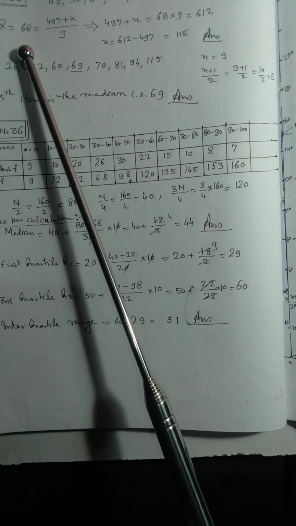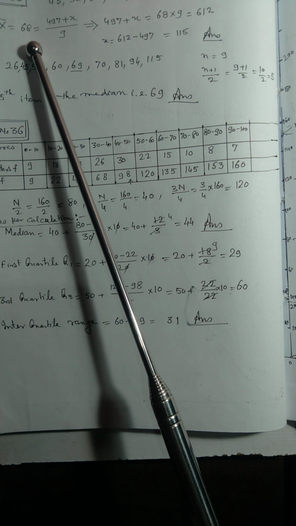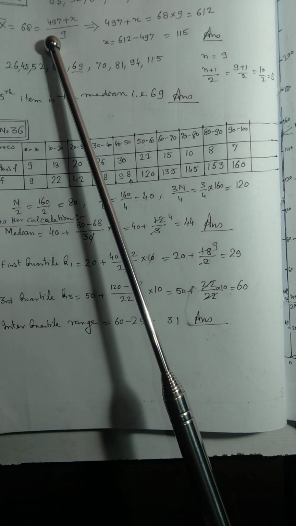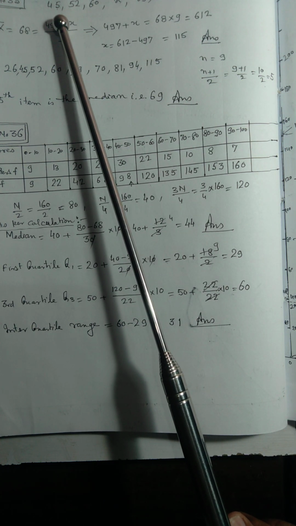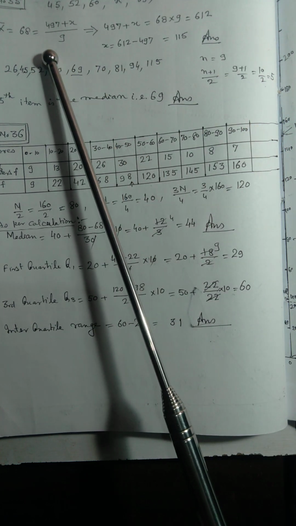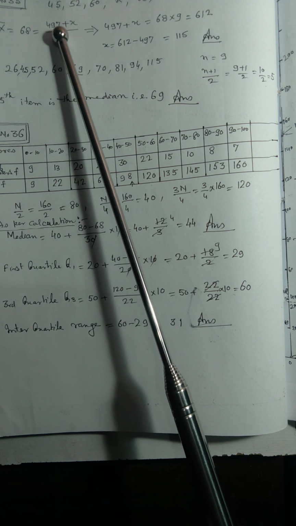So x bar will be equal to, that is given already, 68 is the mean. So 497 is the sum of all these; we have to add all of them. You will get 497 plus x whole divided by 9, because there are 9 numbers.